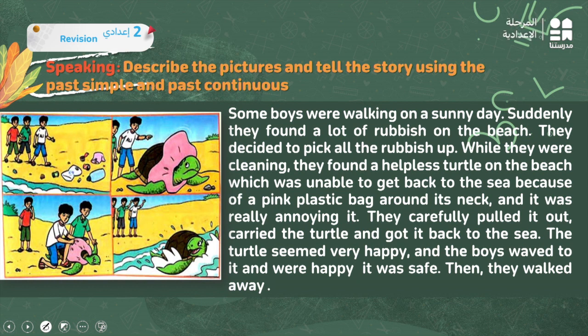Okay, here. Some boys were walking on a sunny day. Today we said that some boys were walking. So "were walking" here refers to the past continuous tense. Again, past continuous, the past that is ongoing. And in this tense, I put was or were plus -ing. Okay, I want you to write these notes.